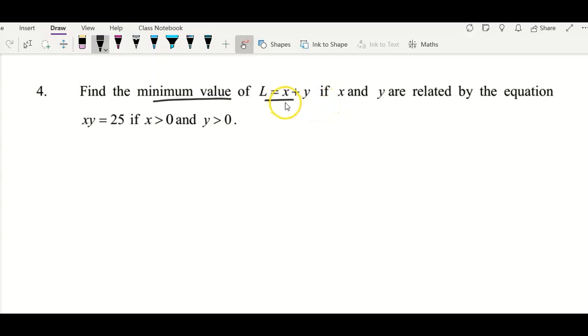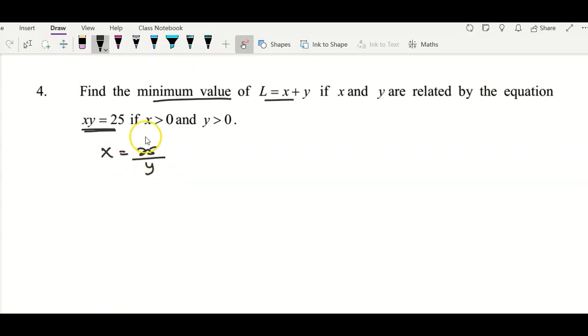But now we need to decide whether we are going to dump the x variable or the y variable, meaning that we are going to leave the x or y. We need to make our decision. And if we want to dump x, we need to find x in terms of y first.